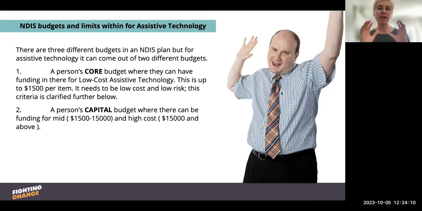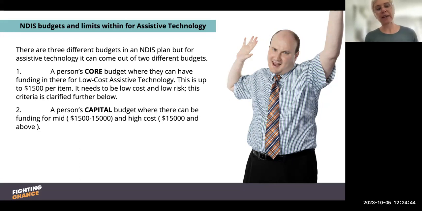So you're not bound by the $500, but what happens is it means that you are then eating into, say, your support worker budget or another part. If you've got continence aids and stuff, then it's eating into those things. So it's still being taken from a budget, but you do have flexibility to go over that amount that's initially built in for a piece of equipment, as long as it meets the reasonable and necessary criteria.